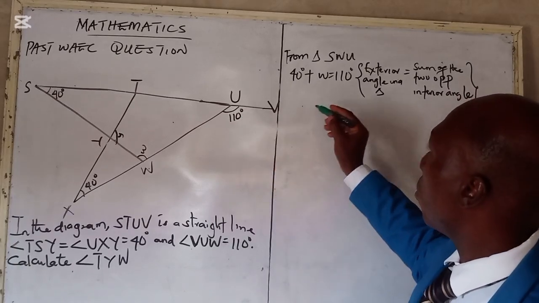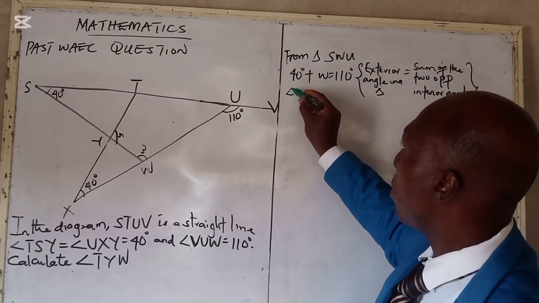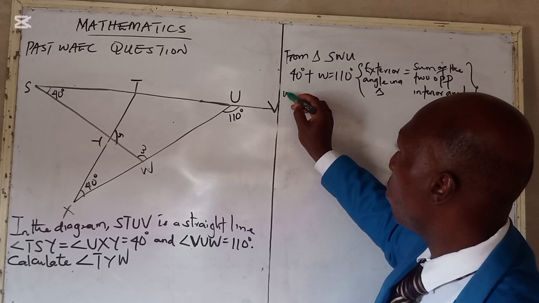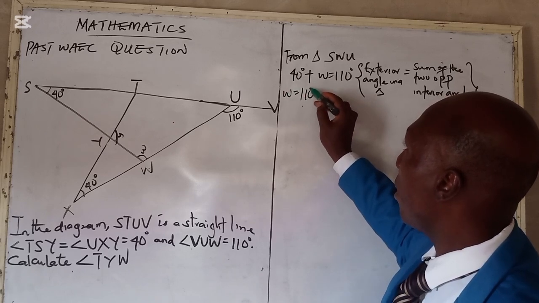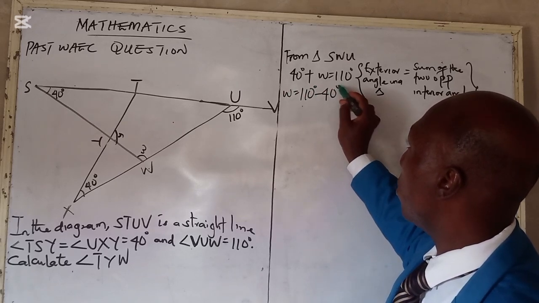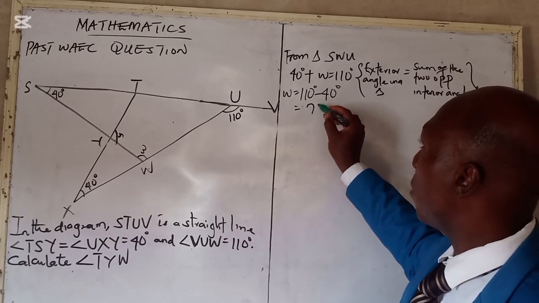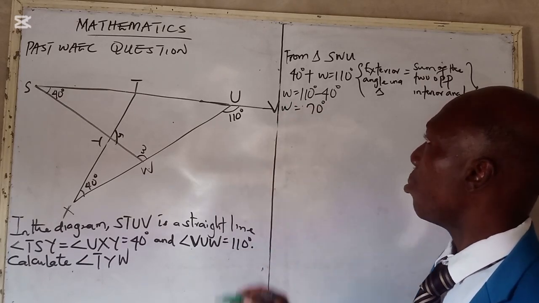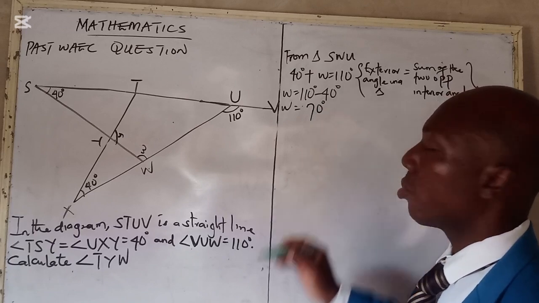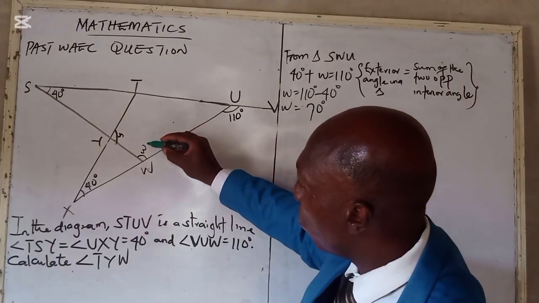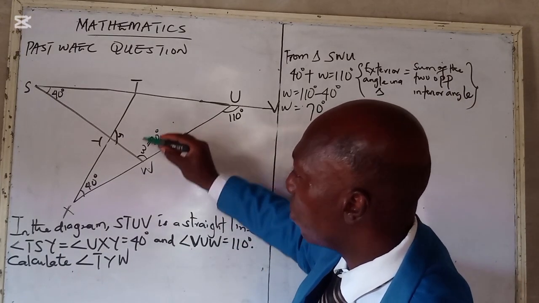So we have w equals 110 minus 40 degrees, and that will give you 70 degrees. So this place here now is 70 degrees.